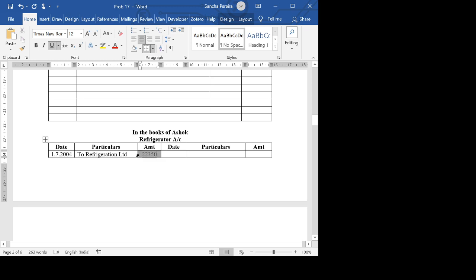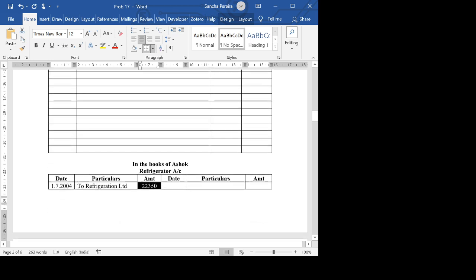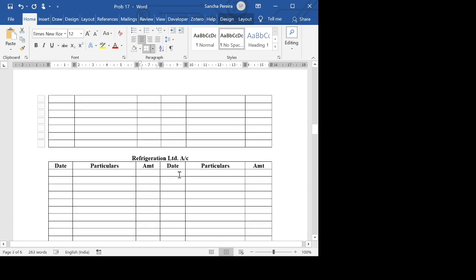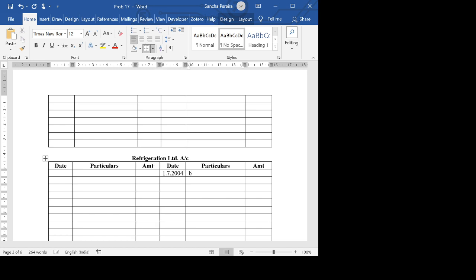Then in refrigeration we will have, on the same date, by refrigerator account 22,350.